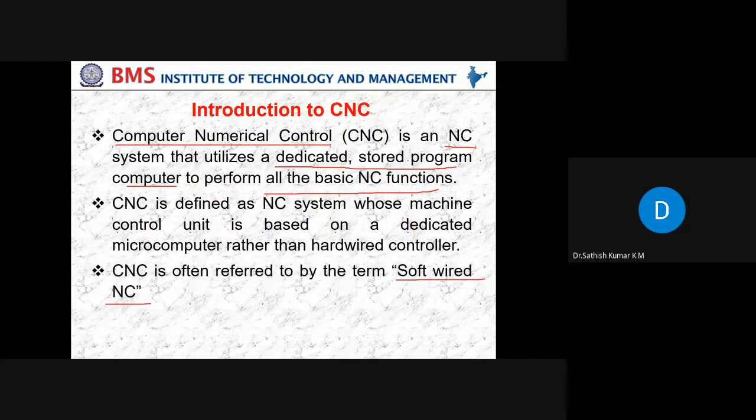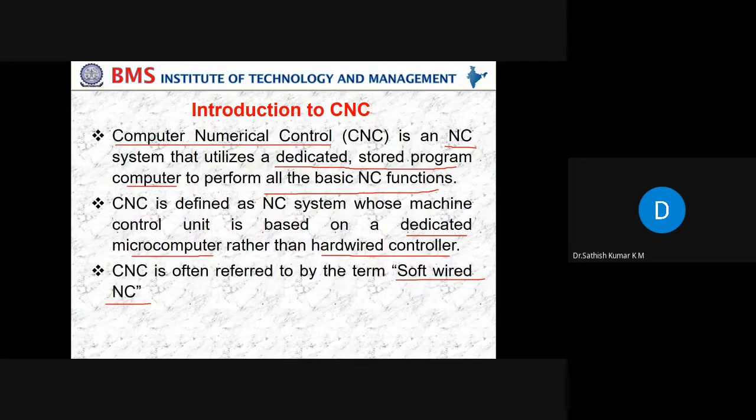The machine control unit, as I told, is based on a dedicated microcomputer rather than a hardwired controller. Remember, if you use a hardwired controller, it is called an NC machine. If you replace this hardwired controller with a dedicated microcomputer, that is what we call CNC.